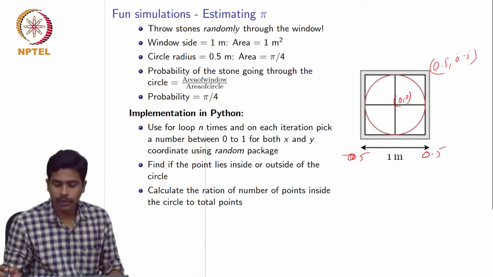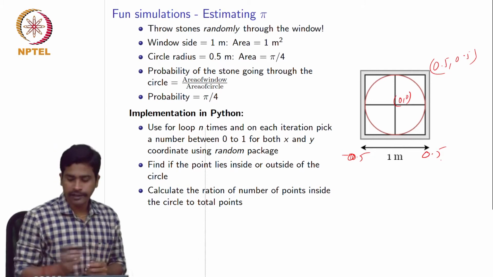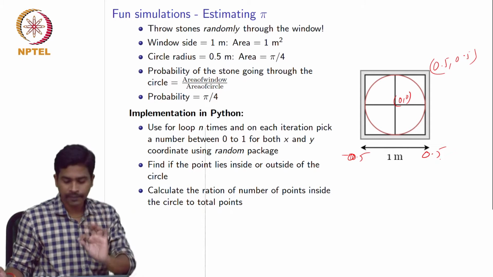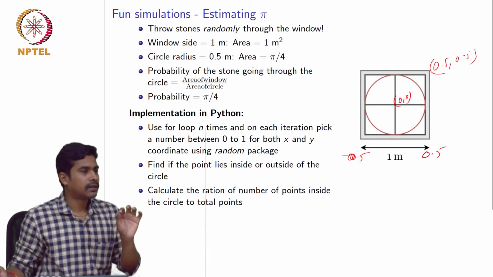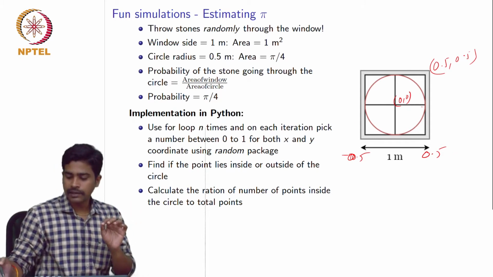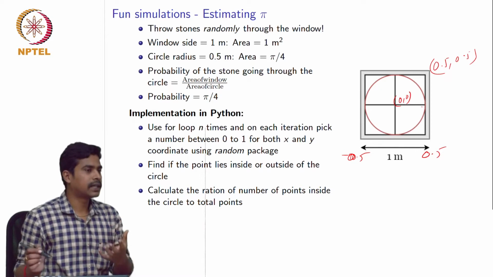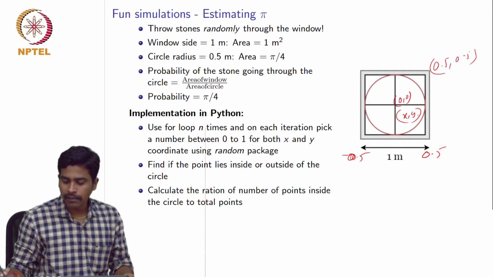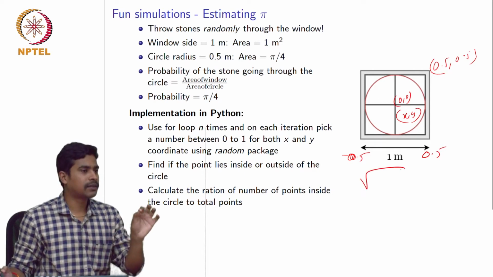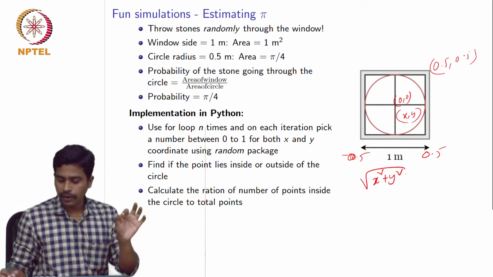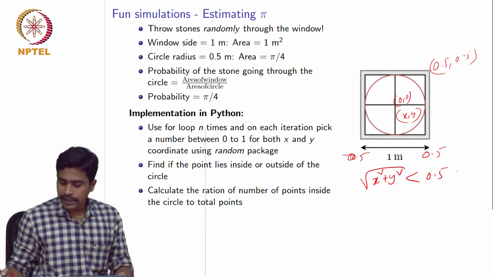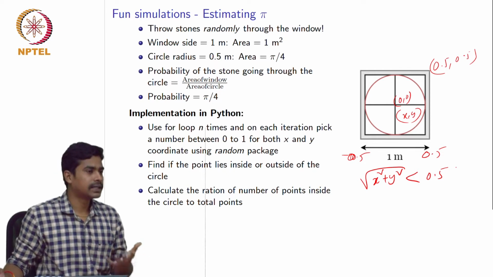So we are picking numbers randomly between minus 0.5 and 0.5 for both x and y coordinates, and we are computing to see if this randomly picked number is lying within the circle or not. So how do we do it? If you have a random x comma y number, we can calculate the distance of this point from the origin using the square root of x square plus y square, and if the distance is less than 0.5, we can say the number is lying inside the circle.